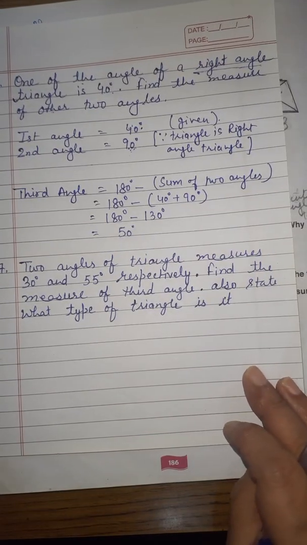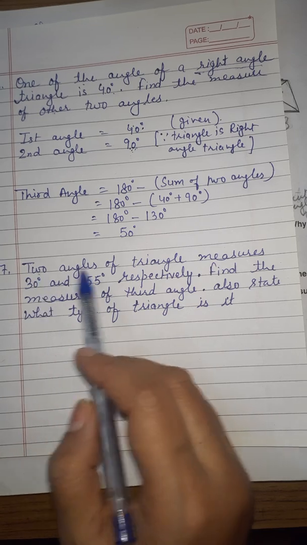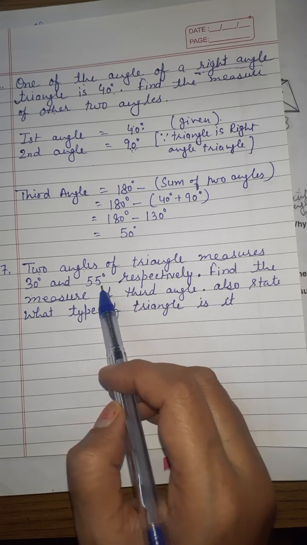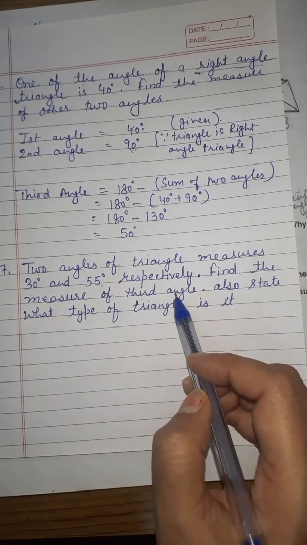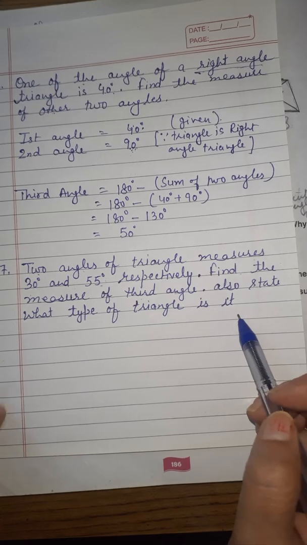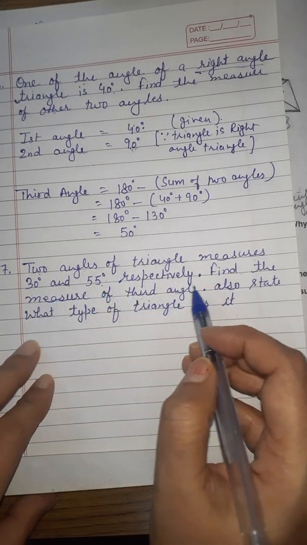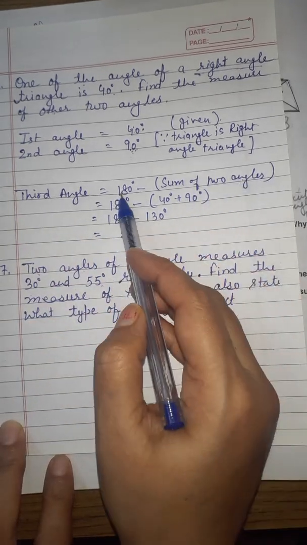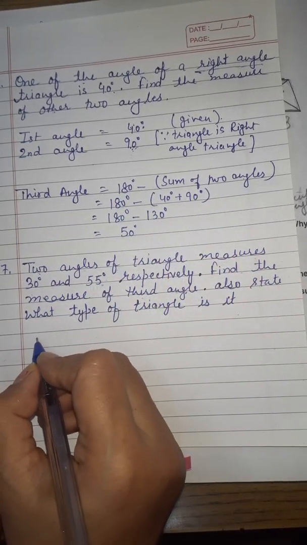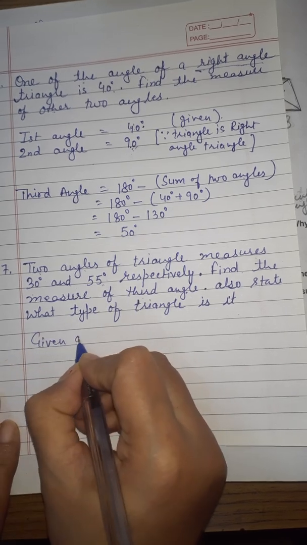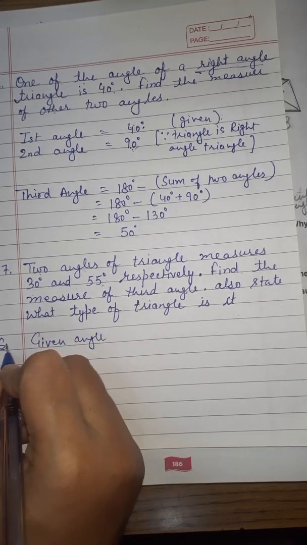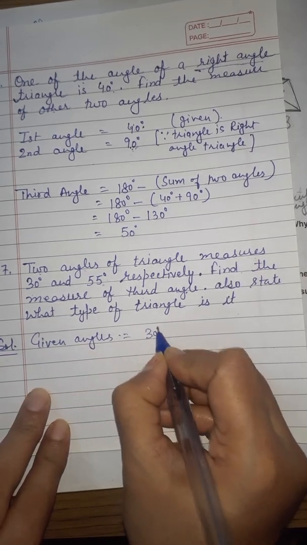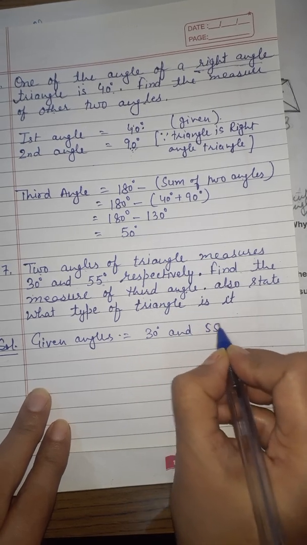Now the next, seventh question: two angles of a triangle measure 30 degree and 55 degree. Now two angles are given. Find the measure of the third angle and also state what type of triangle it is. So to find the measure of the third angle, what will we do? We will subtract the sum of two angles from 180 degree. This is the solution. Given angles are 30 degree and 55 degree.